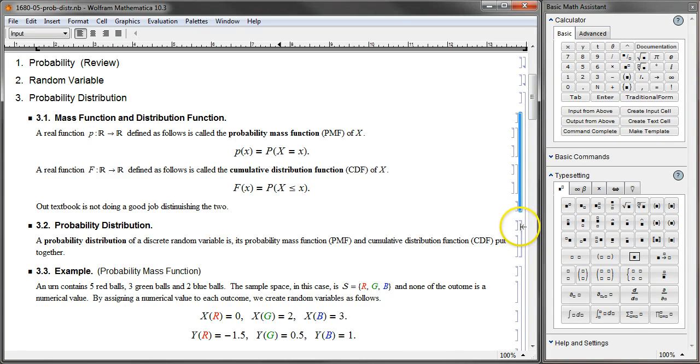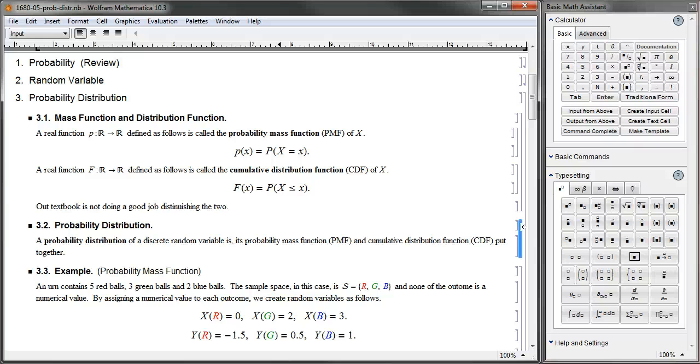Now, this is my approach on probability distribution for this course. A probability distribution of a discrete random variable is its probability mass function and the cumulative distribution function put together.